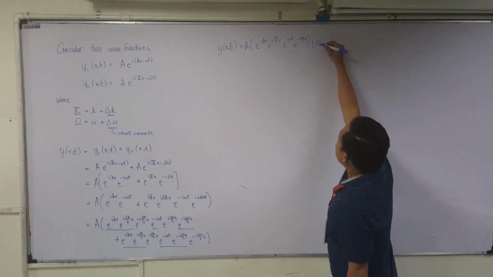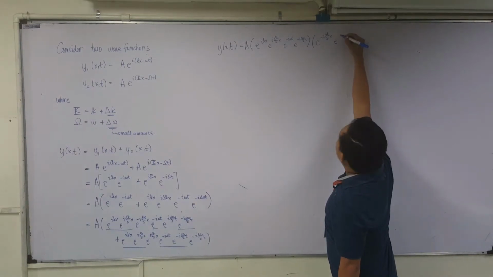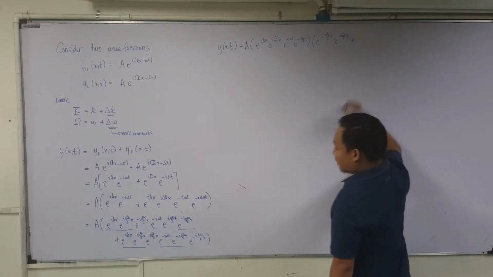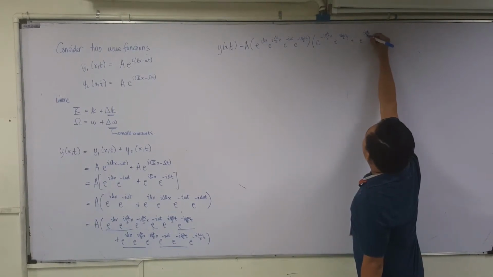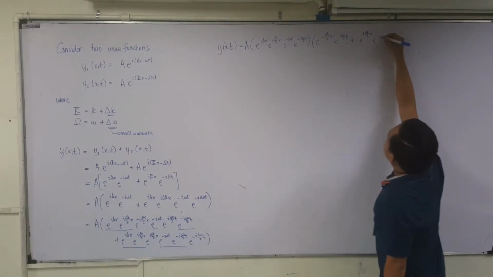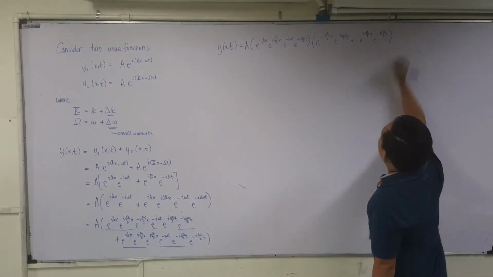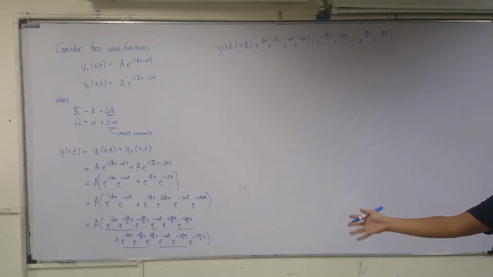So this is e to the negative i delta k over 2 x e to the i delta omega over 2 t plus e to the i delta k over 2 x e to the negative i delta omega over 2 t. We just factor out the common factors.